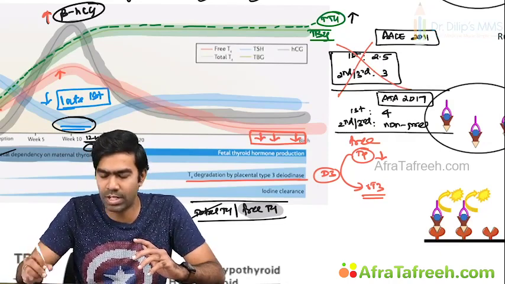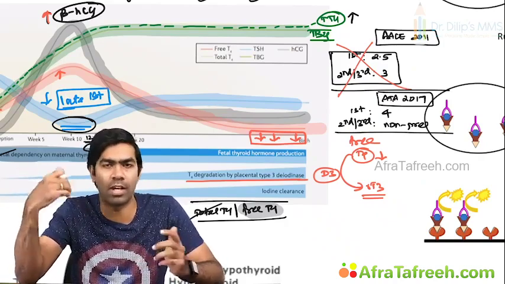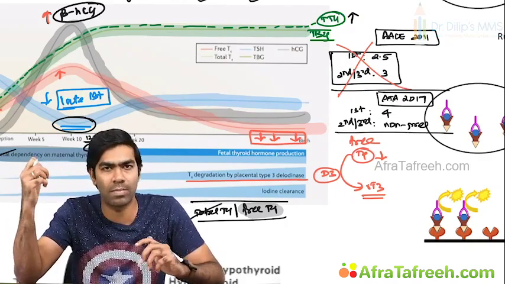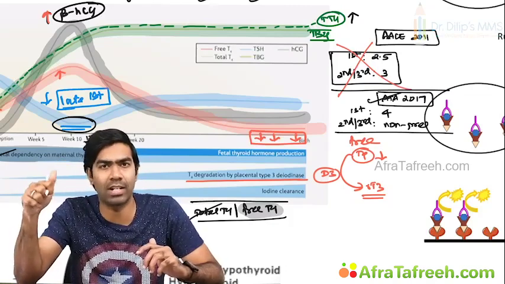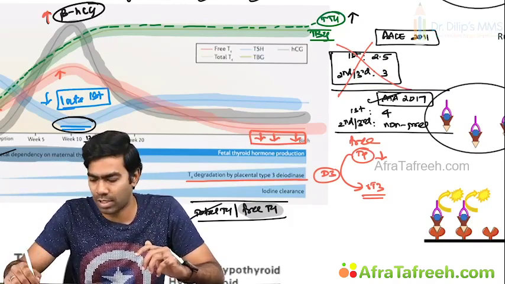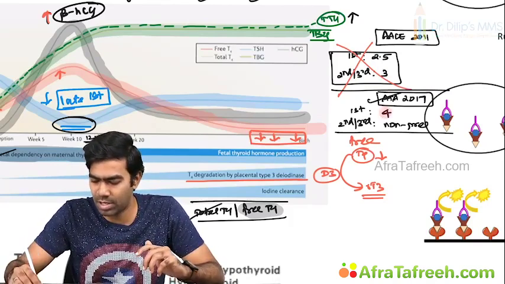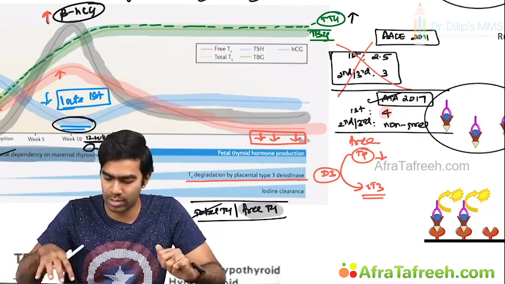So what is the normal TSH for a non-pregnant individual? The upper limit of normal applicable there will be applicable here also. So this is what the American Thyroid Association 2017 guidelines have mentioned. This is a correction that they have made, a very important one. Currently, the first trimester upper limit of normal TSH cutoff is 4. Be very clear about that.